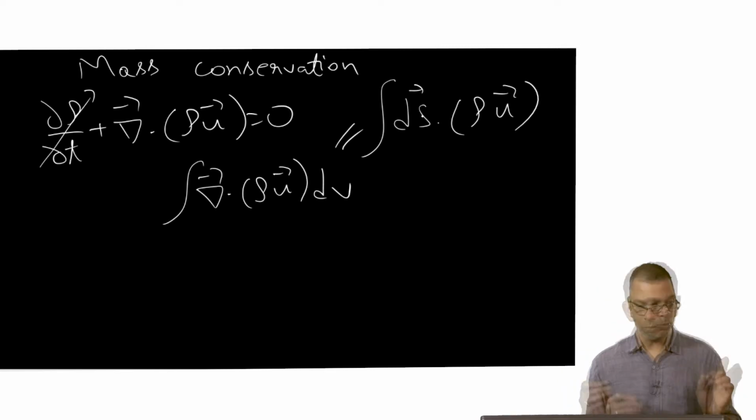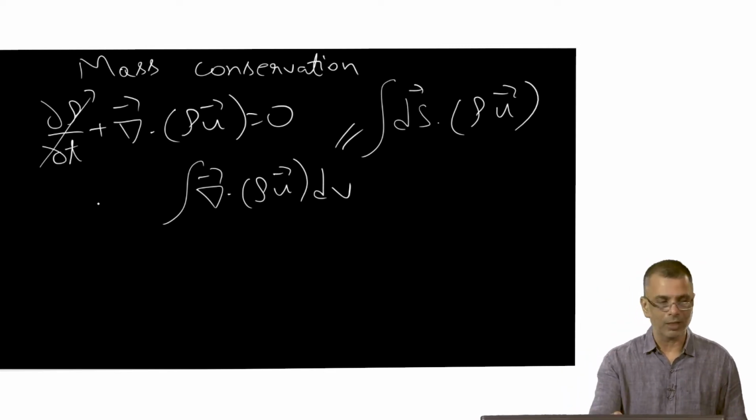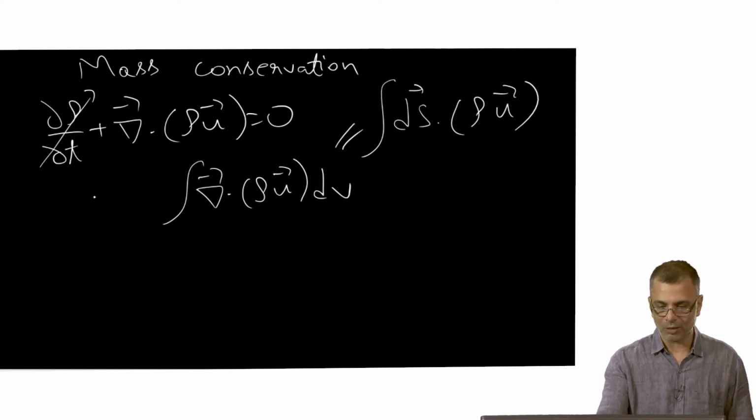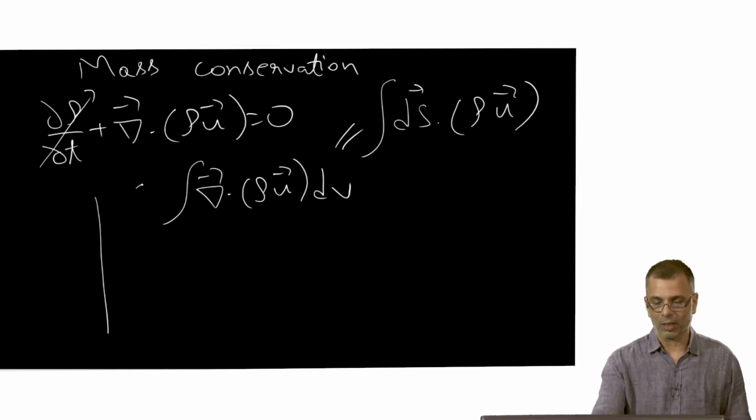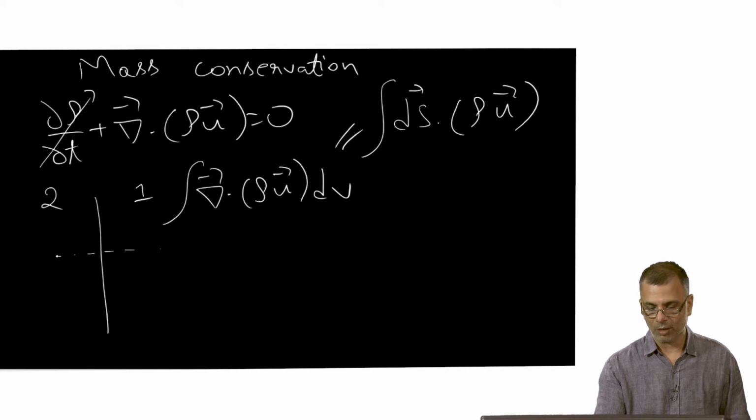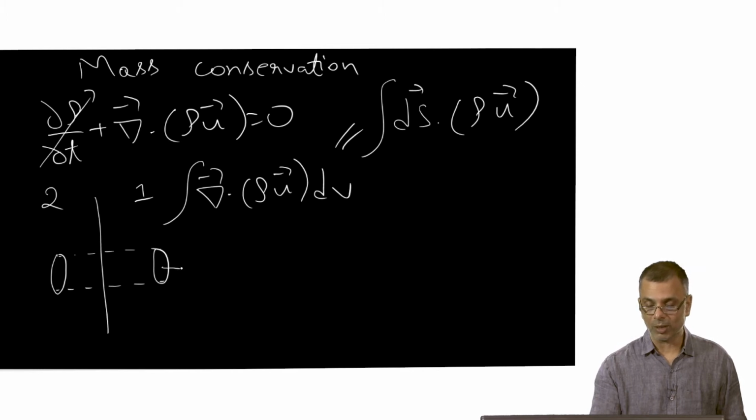Now the question is, how do you choose a surface cleverly? Here is the shock or some kind of discontinuity, here is region 1 and here is region 2, and let us consider a little cylinder like this. This would be the ds.